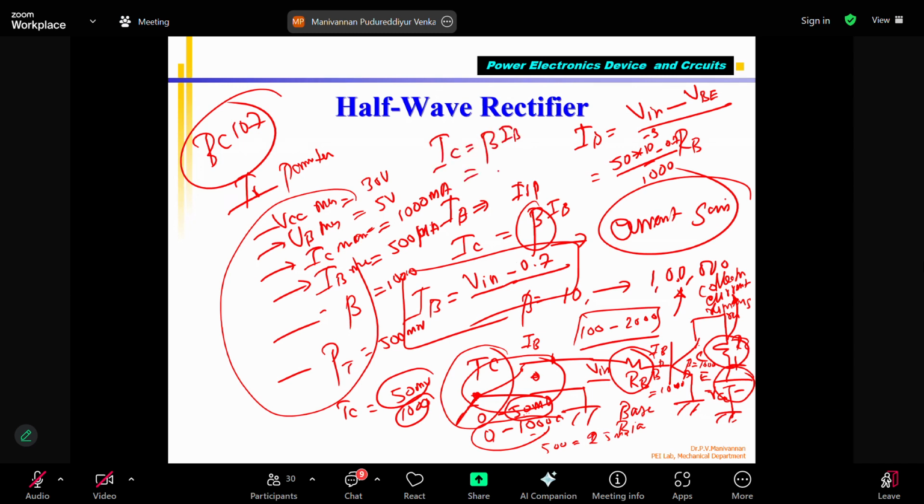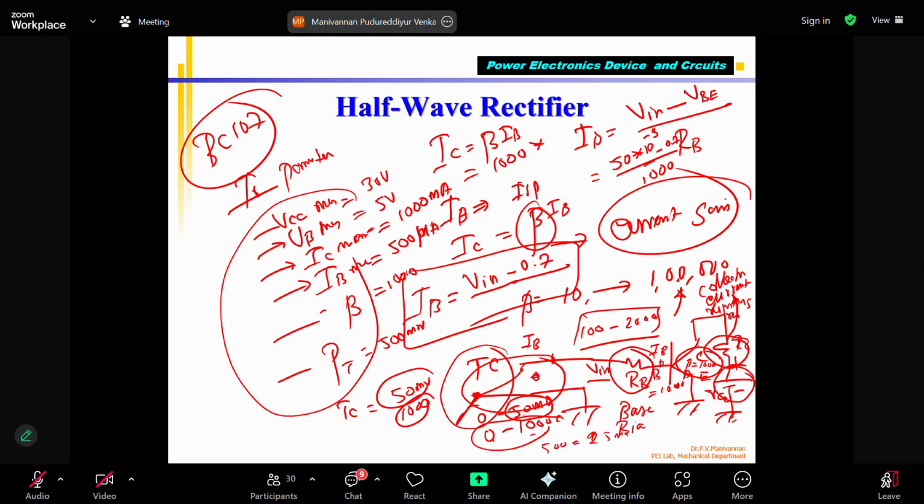What is beta? Beta equal to 1000. What is my IB when the temperature is 1000 degrees? 50 millivolts. It should not flow at all, right? Zero. If I connect directly my sensor, my transistor amplifier is absolutely no use. It is not going to amplify, even though it has a gain of 1000. The base current should be multiplied by 1000 times. IC is the output.